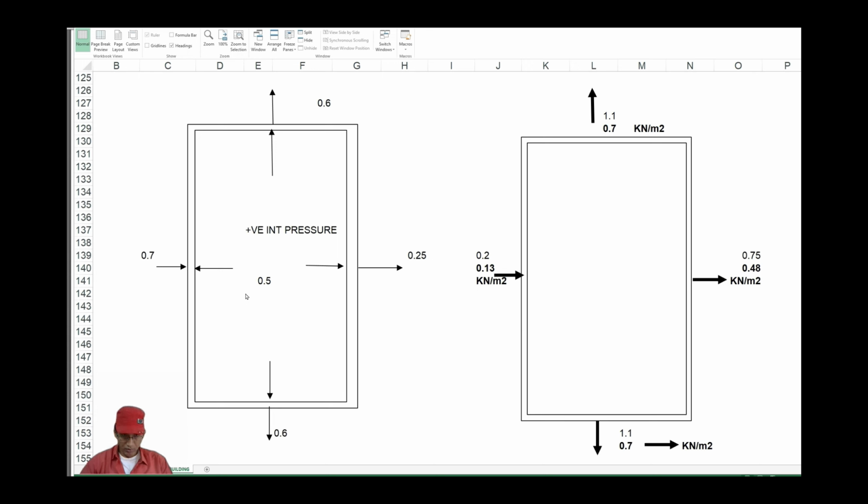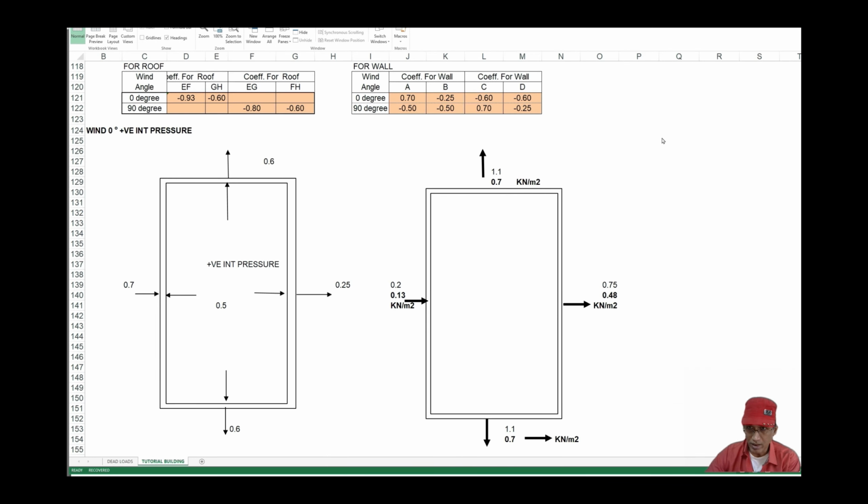I have found many of my friends find it difficult to understand how the wind pressure is computed, so I'll explain it here so that you are able to understand effectively how the wind pressures are actually calculated.